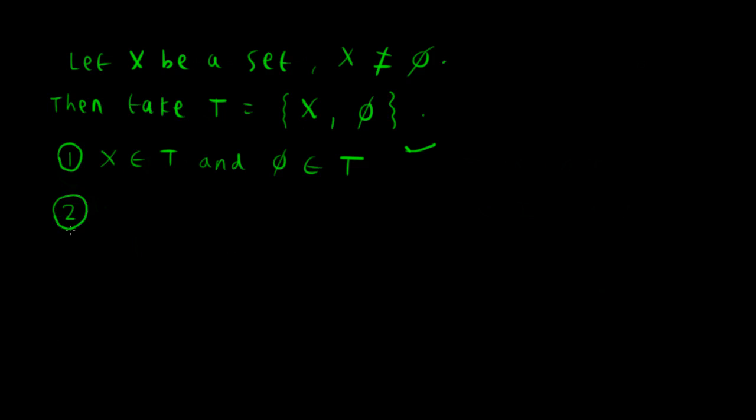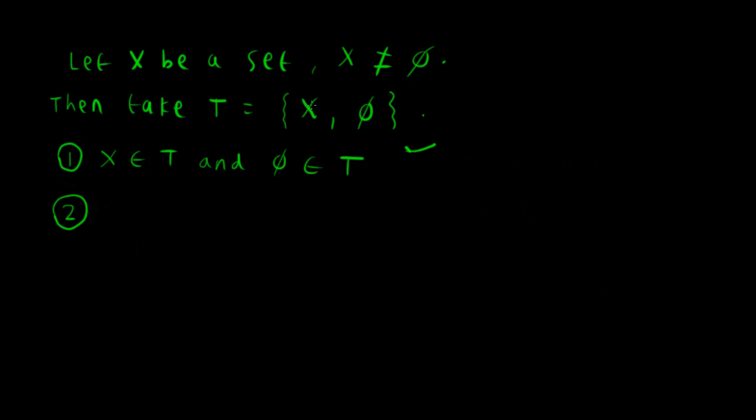Number 2. Now, I said that if I took any number of sets in T, the union should be in T. Okay? Now here, I only have 2 sets to choose from. Okay? So if I take some sets from here, they can only be X or the empty set, or a mixture of both.